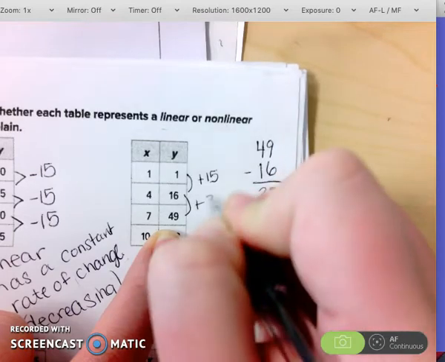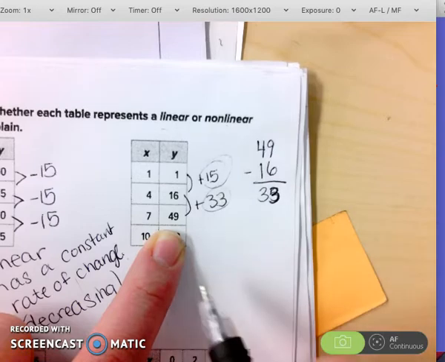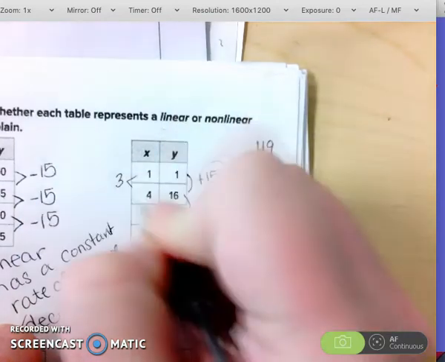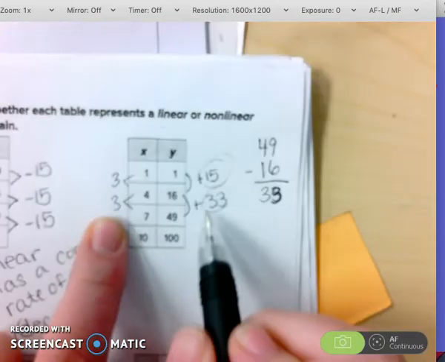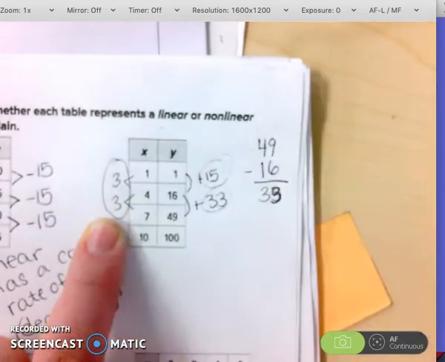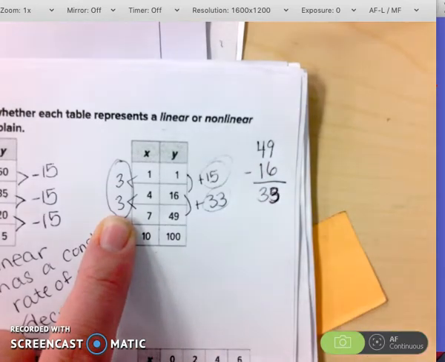So I'm adding 33 there. Right away, I see one is 15, one is 33, and over here, I'm adding 3, and 4 to 7 I'm adding 3. They're both 3s. One side is different, so you can stop right there.